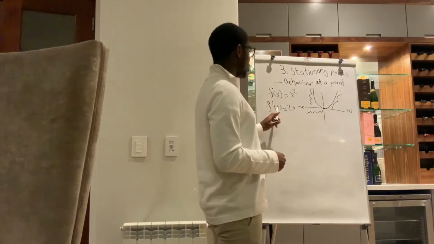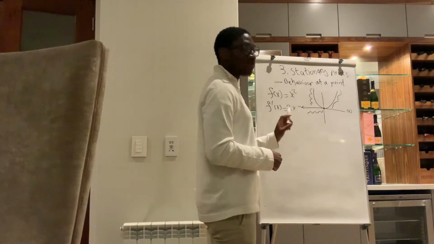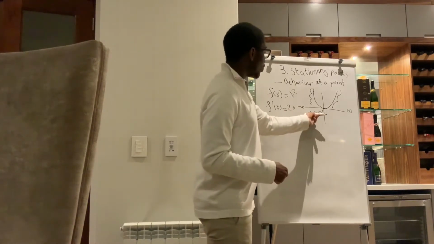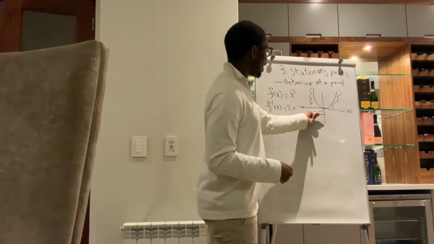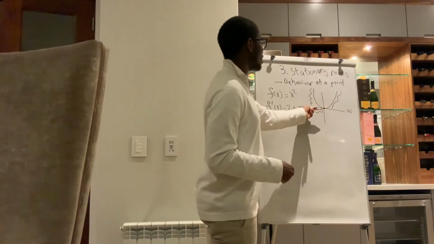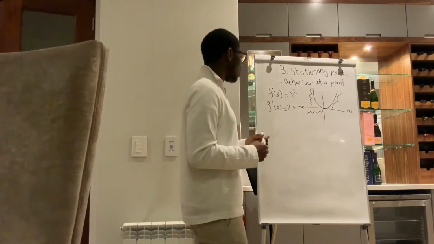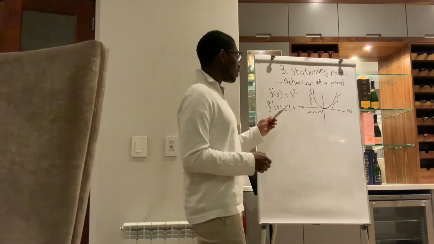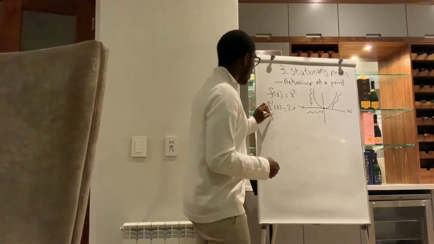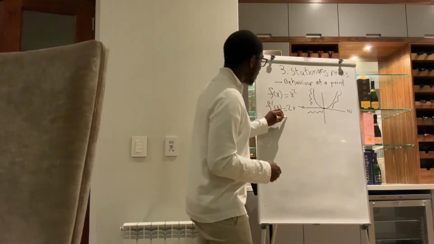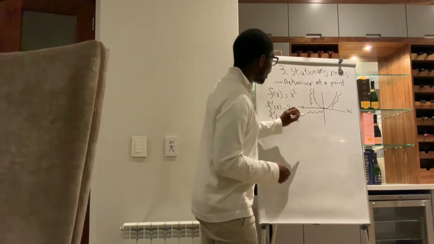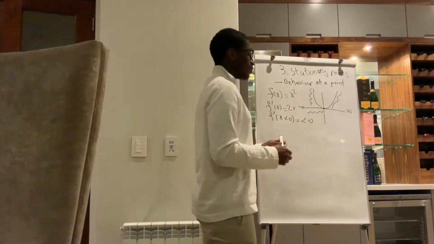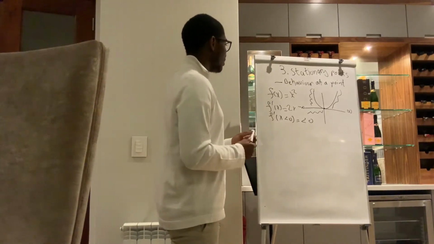So if we want to look at a specific point, we can plug in any point x. But we can see here that if we take any point to the left of the origin, so any point as x tends to negative infinity, the derivative of the function is going to be negative. So in other words, the derivative for x less than 0 is going to be less than 0, or negative, right?